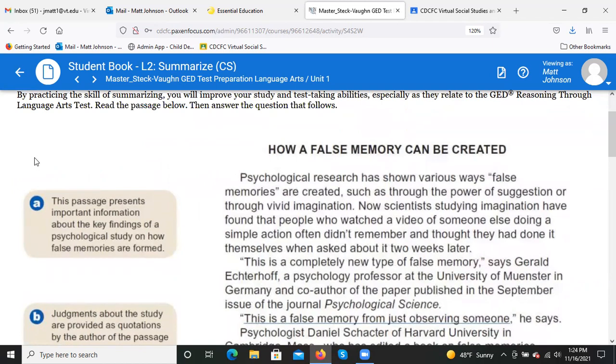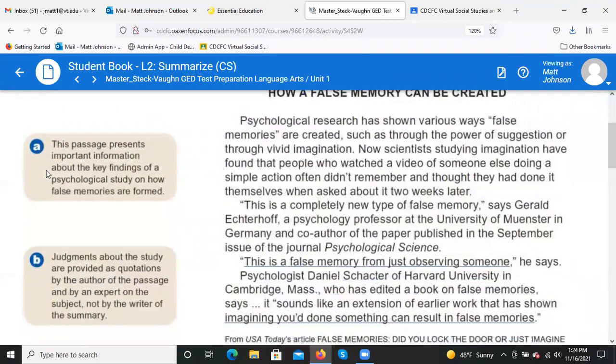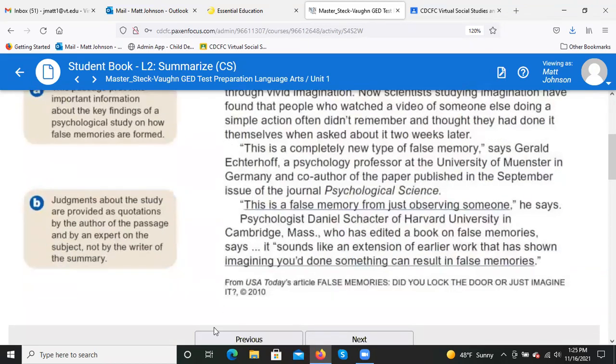Psychological research has shown various ways false memories are created, such as through the power of suggestion or through vivid imagination. Now, scientists studying imagination have found that people who watched a video of someone else doing a simple action often didn't remember and thought they had done it themselves when asked about it 2 weeks later. This is a completely new type of false memory, says Gerald Echterhoff, a psychology professor at the University of Munster in Germany, and co-author of the paper published in the September issue of the journal Psychological Science.